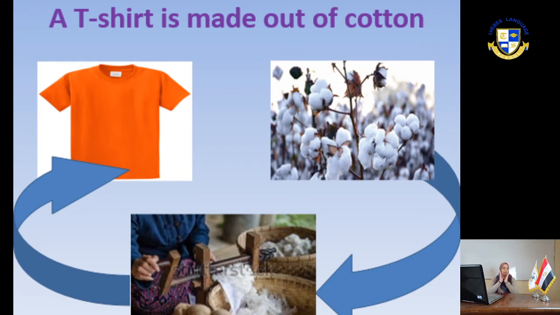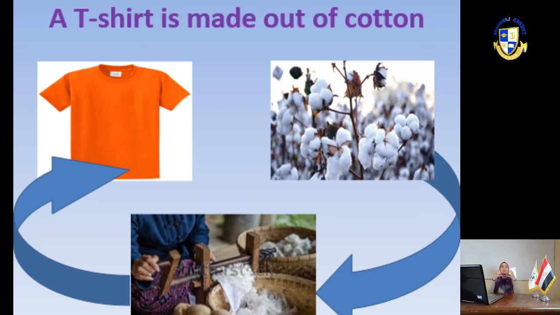By the way, there is a machine that helps in taking the cotton. It's a tractor. The tractor is like a car, but it's used in the fields. It gathers or collects all the cotton plants and harvests them. What is the meaning of harvest?